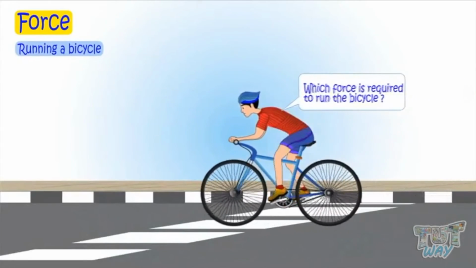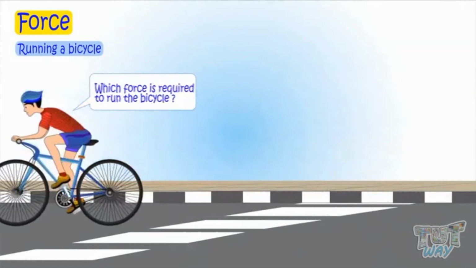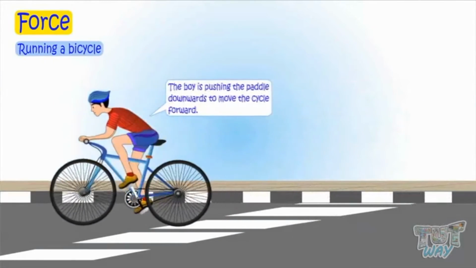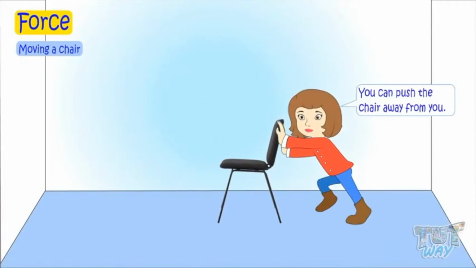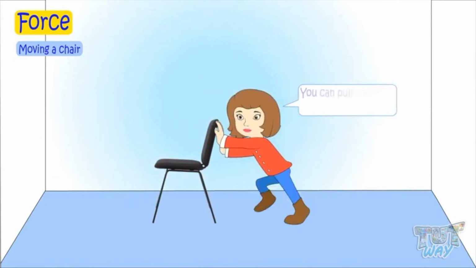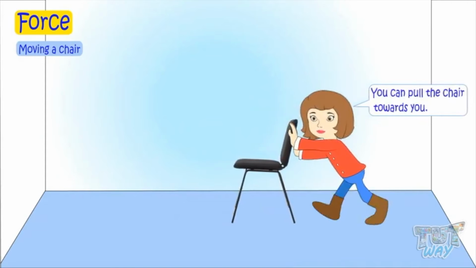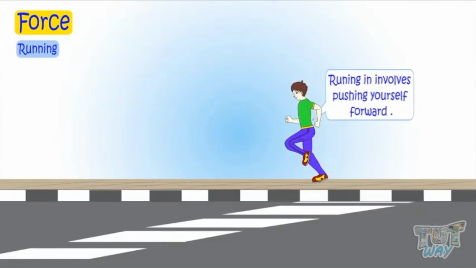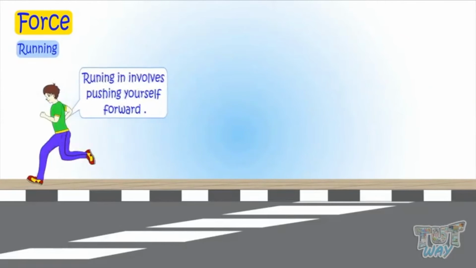Running a bicycle. What force is required to run a bicycle? You require to push the paddles to run a bicycle. Moving a chair. You need to push the chair away from you or you pull it towards you. Running also involves pushing yourself forward.